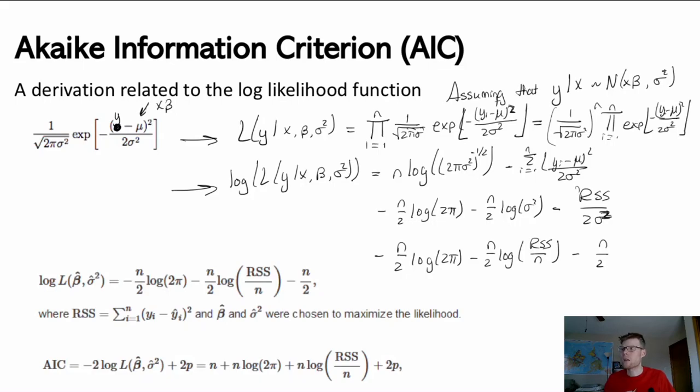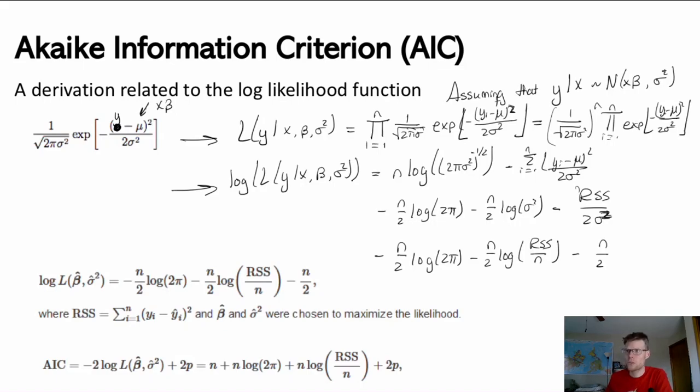If you think about it over here, the larger this value is, the worse the predictive power of this model is going to be. So I'm favoring models that have a lower RSS. In other words, they're a better fitting model.